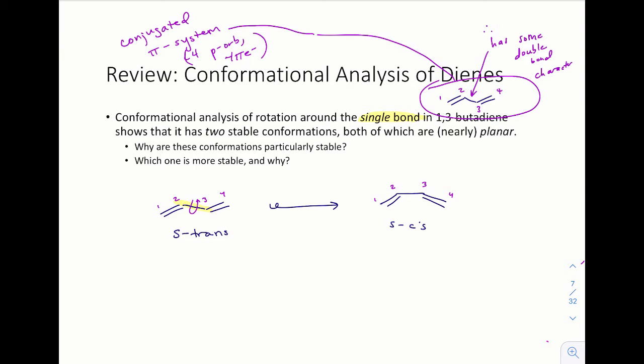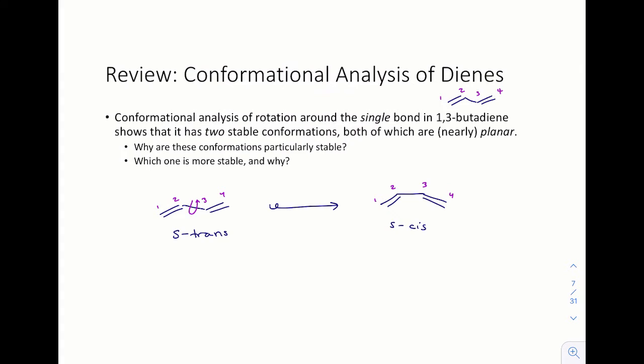It's drawn like a sigma single bond. So s-trans and s-cis, those names come from the fact that the two conformations are interconverted by rotating around what is drawn as a single bond. Both of these conformations are planar or nearly planar.